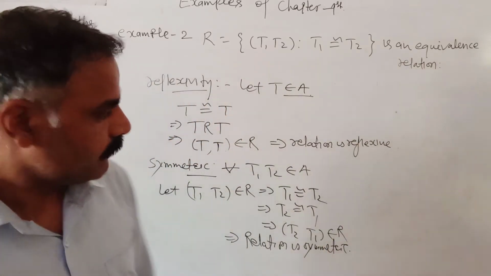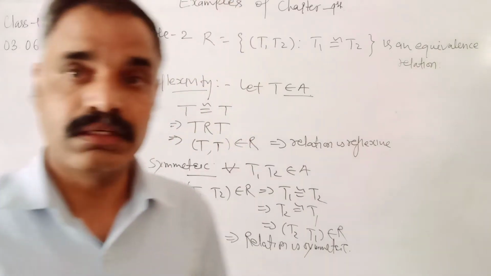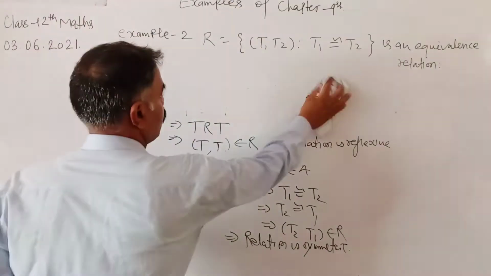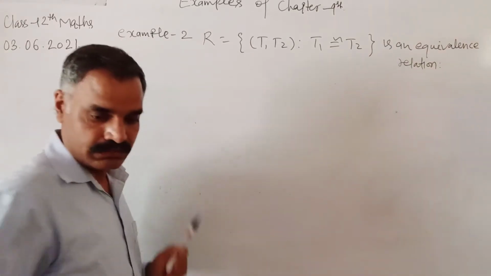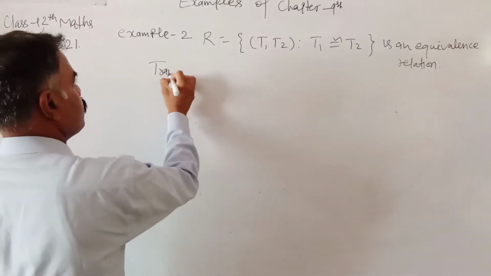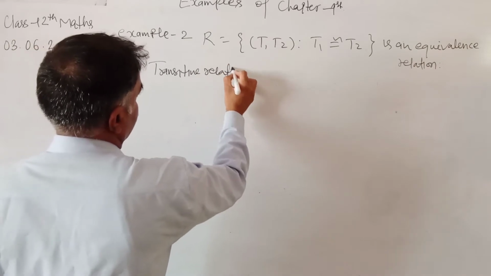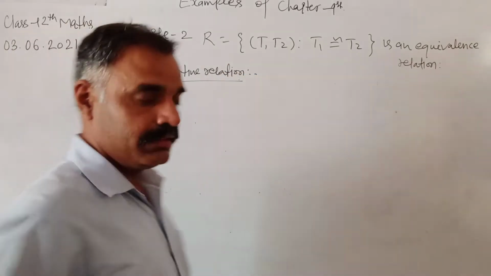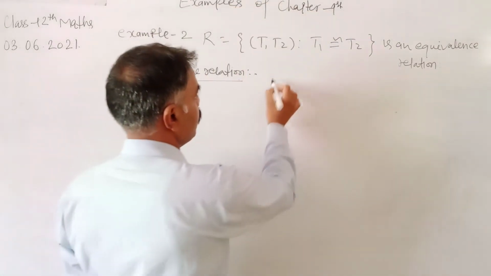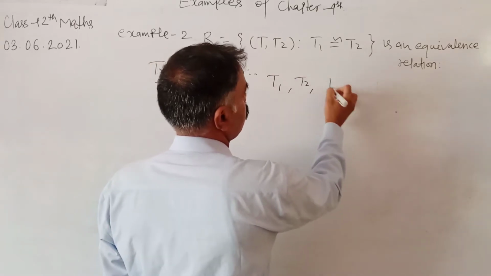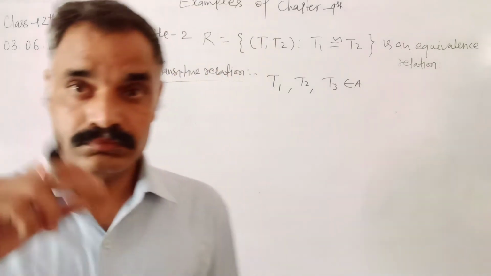Now the third property is the transitive relation. Transitive relation means we require three triangles. We take T1, T2, T3 belonging to the given set of all triangles.